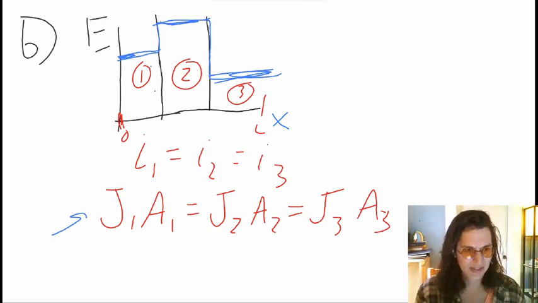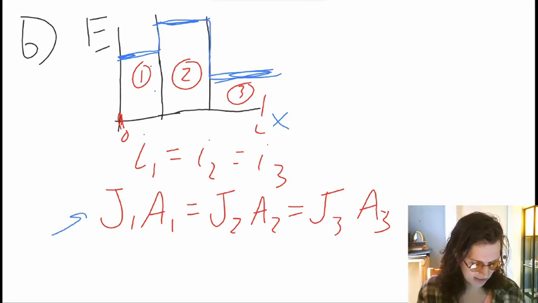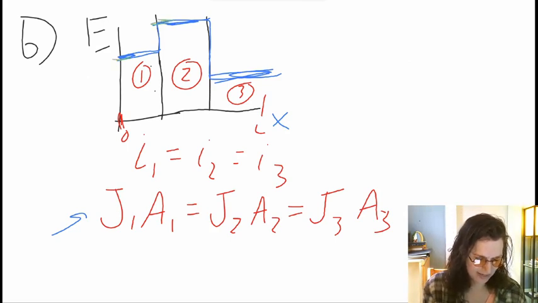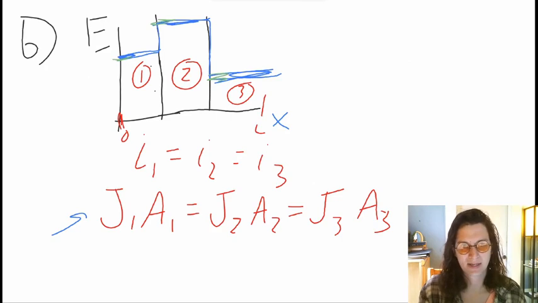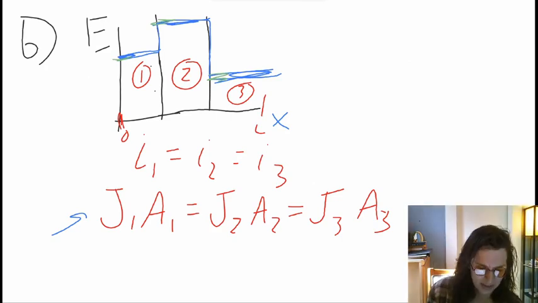The current density has to be proportional to the electric field. That's the long and the short of it. So the current density has the same ratio that the electric field does. And so you need to read your graph and find each of these electric field values as a ratio of the others, however you'd like to do that. But you just have the ratio for each section 1, 2, and 3.